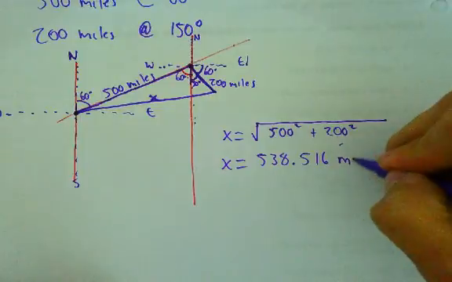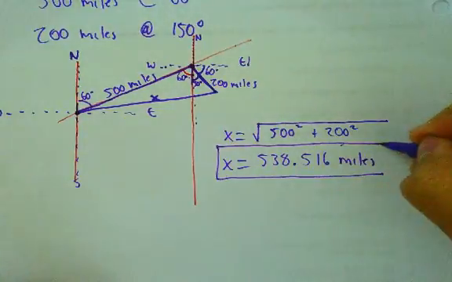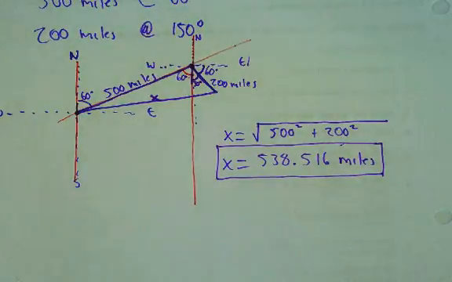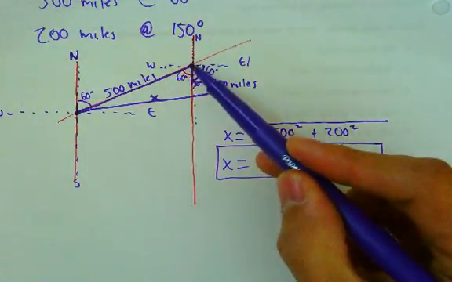Cool? Alright. We're going to continue with this diagram. I have more questions about this diagram. Okay. I want to know now, let's pretend for a moment, from the airport, instead of going this direction 500 and this direction 200, if instead I could have just gone straight to this position, what would have been my heading?